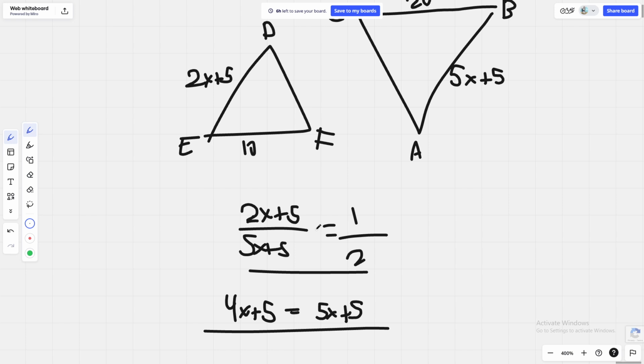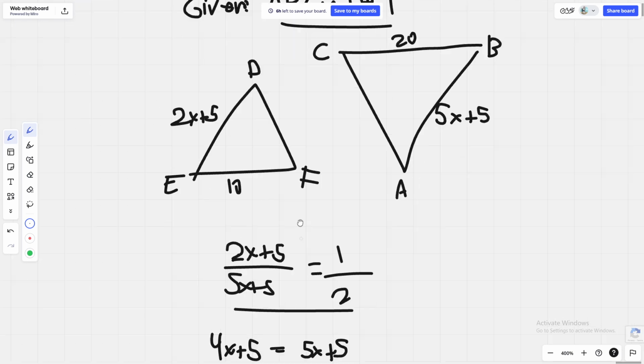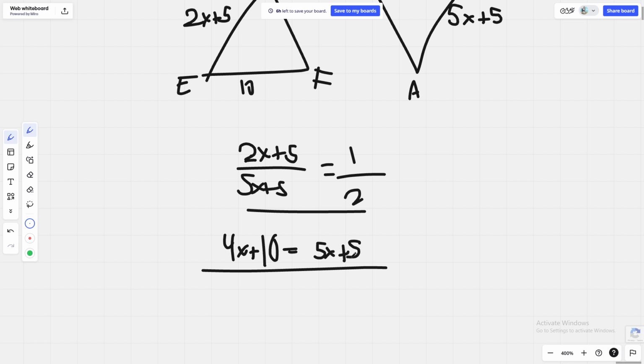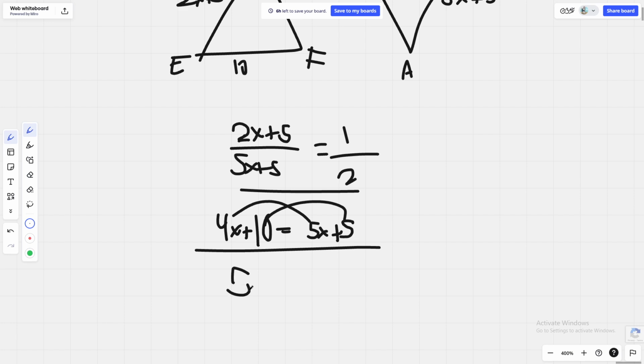Oh wait, I'm sorry, I forgot to multiply 10. Okay. So 2x plus 5 times 2 is equal to 4x plus 10. There you go. That's why it was wrong. Anyways, we all make mistakes. Once we transpose everything, we will get 5 is equal to x.